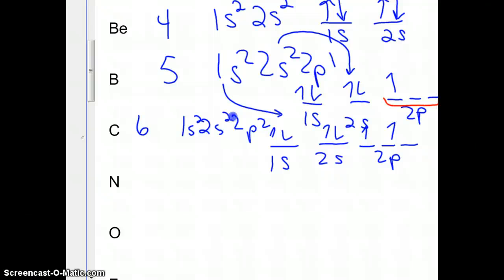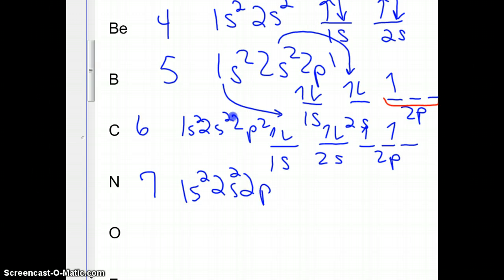So why don't you go ahead and do nitrogen on your own? Okay, hopefully that was enough time. So nitrogen has 7 electrons and 1s2, 2s2.